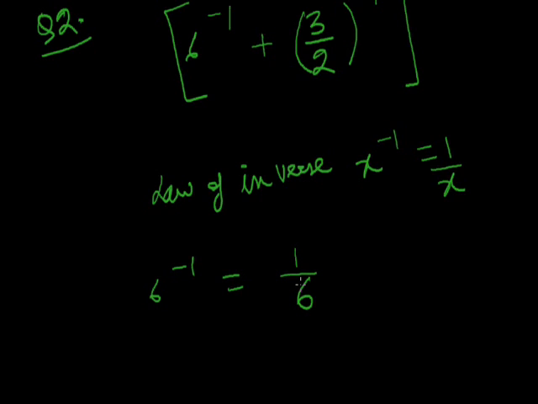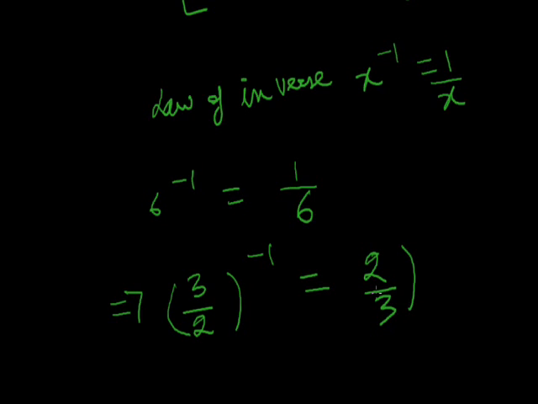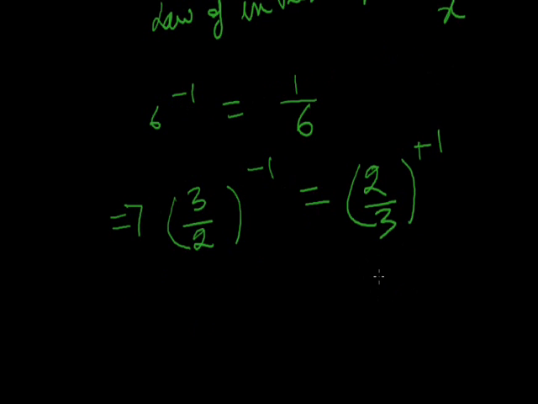Now (3/2) raised to the power minus 1 can be written as 2/3 raised to the power 1, which implies that (3/2) raised to the power minus 1 equals 2/3, and the whole power gets the positive sign plus 1. So (1/6 + 2/3) raised to the power minus 1 is the required expression which we get after solving.